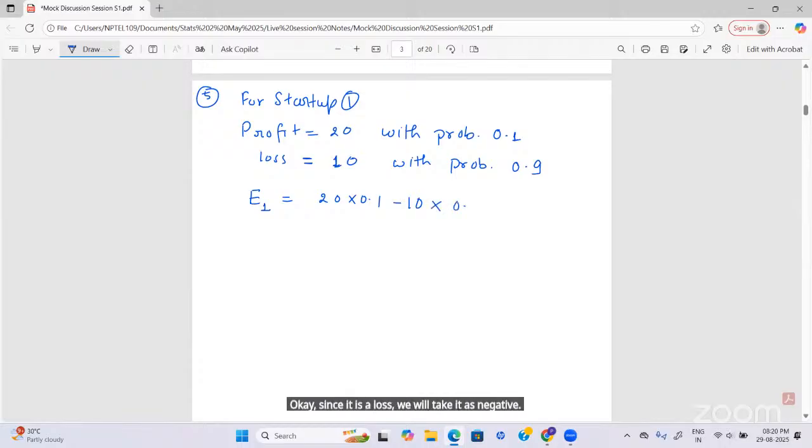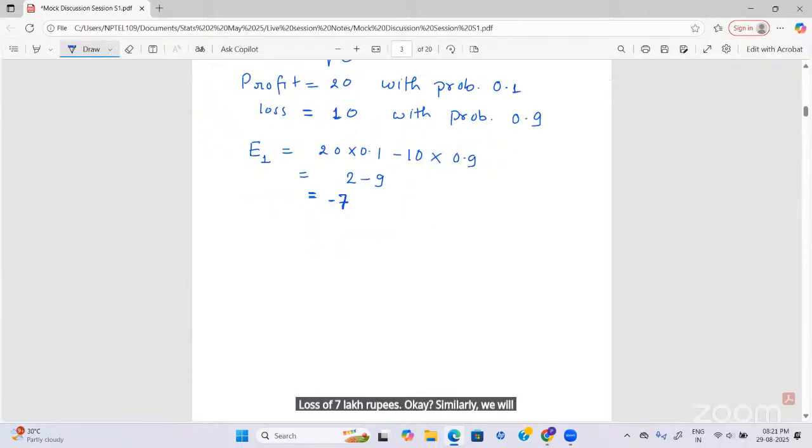The first value is 20 with probability 0.1. The other value is minus 10, since it is a loss, with probability 0.9. So this will be 2 minus 9, which is minus 7. Sorry, it's minus 7, so actually it's a loss. The startup will have a loss of 7 lakh rupees. Similarly, we will calculate for all the 4 startups.